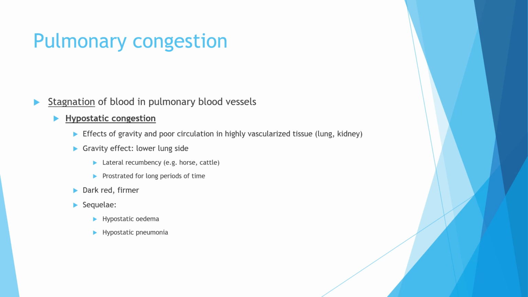If they've been in lateral recumbency, or for example with surgery, or a downer cow, what happens is that because of the effects of gravity and poor circulation of the lung, and also the kidney is affected in such a way, you get an accumulation of blood in that side of that organ. They become darker and firmer, and because of that, you can get the consequences thereof, which is also pneumonia. So that's why hypostatic congestion becomes edema, because that eventually leads to pneumonia through this edema and affecting basically the normal functioning of the clearing of the airways.